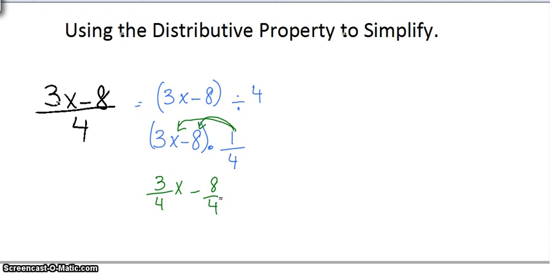I'm going to simplify. So I have 3/4 x minus 2.